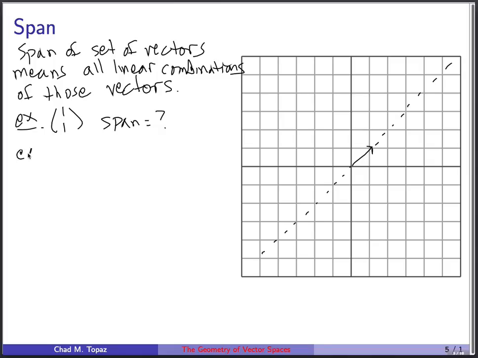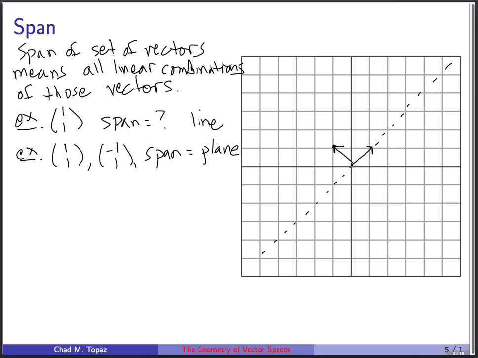You could ask, what is the span of (1, 1) and (-1, 1)? It's the same vector as before, but now you can also take steps in this direction, and you should be able to convince yourself that the span of these things, while the first one was a line, the second one is the whole plane.